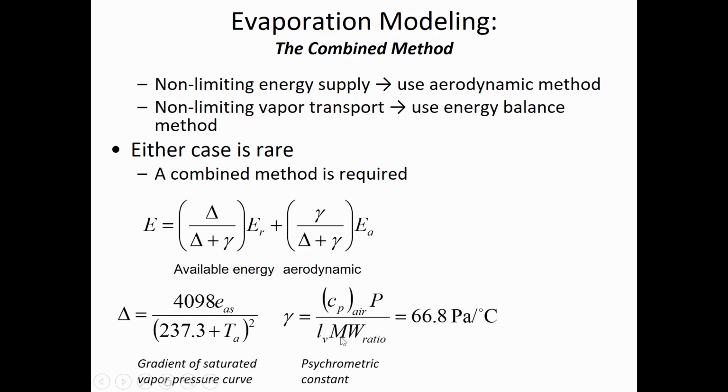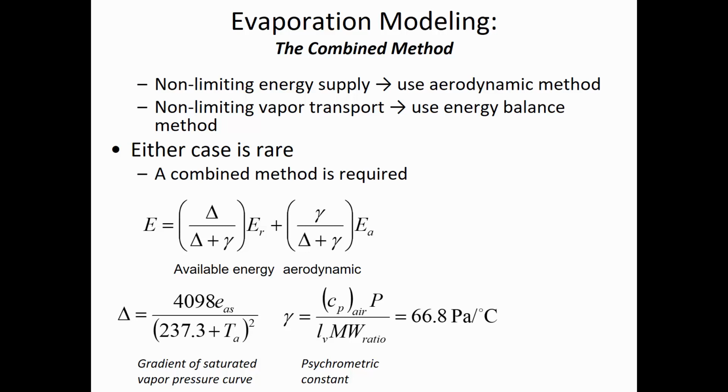And one of the terms, this gamma, is the psychrometric constant. It is related to, for the gas in question, how much of the air is moisture, and then the latent heat of vaporization. So it's a constant that we don't necessarily have to calculate if we're at sea level where the pressure is pretty close to 101 kilopascals.